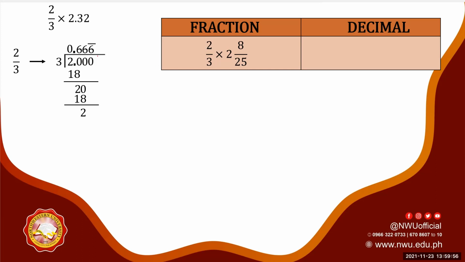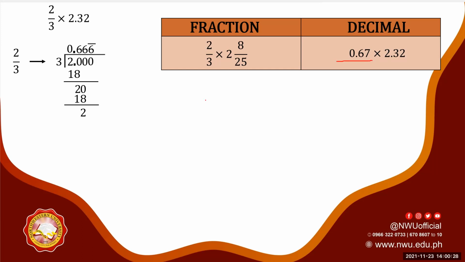So therefore, ang sabi ko kanina, kapag masyado ng marami at hindi na kayo makakapag-come up ng remainder na zero, you can just simply stop and give me at least 3 or 2 decimal places of your answer. So dito sa point na to, I chose 2 decimal places. So yung 0.666 natin is just rewritten as 0.67.